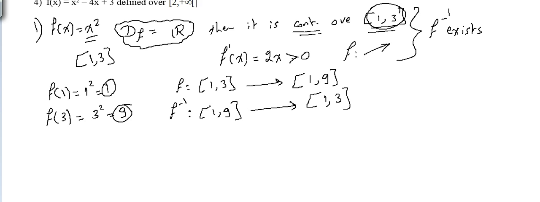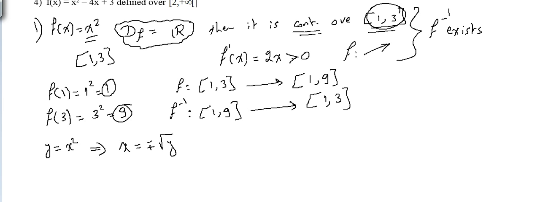Now we go and find the expression of f inverse. We know that y equals x squared. Let's not interchange here now. Let's find x, right? To find x, we have to take the radical of both sides. So x will have two cases to be considered, either plus or minus radical y.